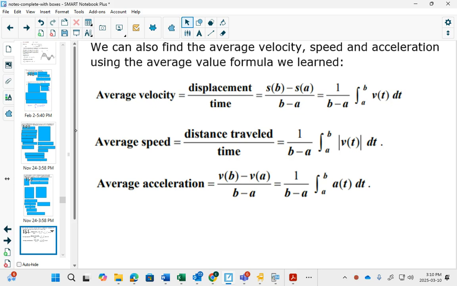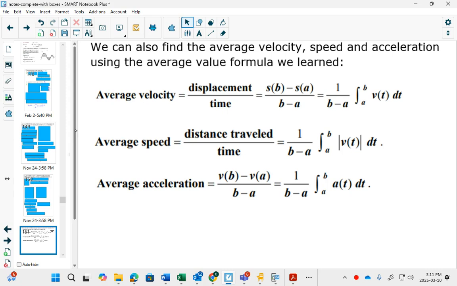So someone is asking for average velocity. If I traveled 100 kilometers in 1 hour, my average velocity is 100 kilometers per hour. That doesn't mean I traveled exactly that speed the whole time. But my total displacement over my total time will always give me my average velocity.